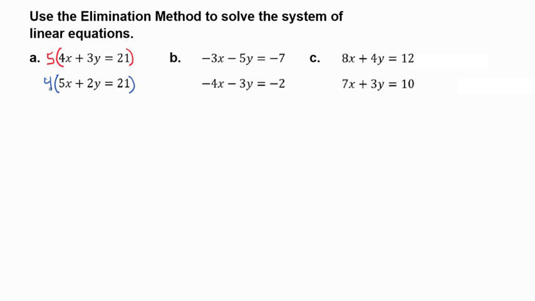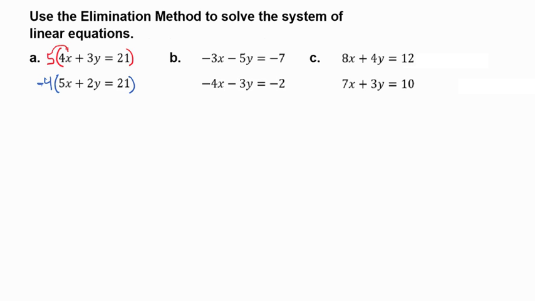Now, that would only give me a positive 20x and a positive 20x. I need one of those to be negative so that when I add them, they'll cancel each other out. I can do that by either making the 5 negative or the 4 negative. I'm going to go ahead and make the 4 negative.